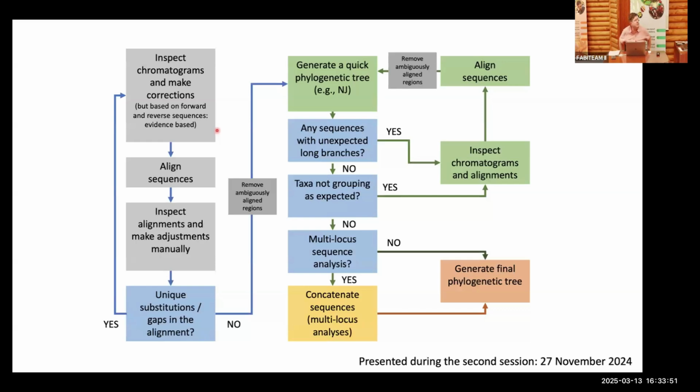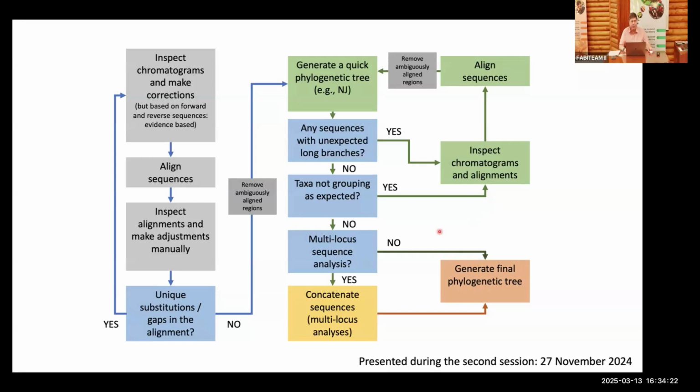Okay, so let's move now to a practical application and the use of maximum likelihood. I make a lot of assumptions in this session. I make the assumption that you have investigated your chromatographs, that you have checked your alignments, that you're familiar with your question, that we are actually at a point here where we can generate the final phylogenetic tree.